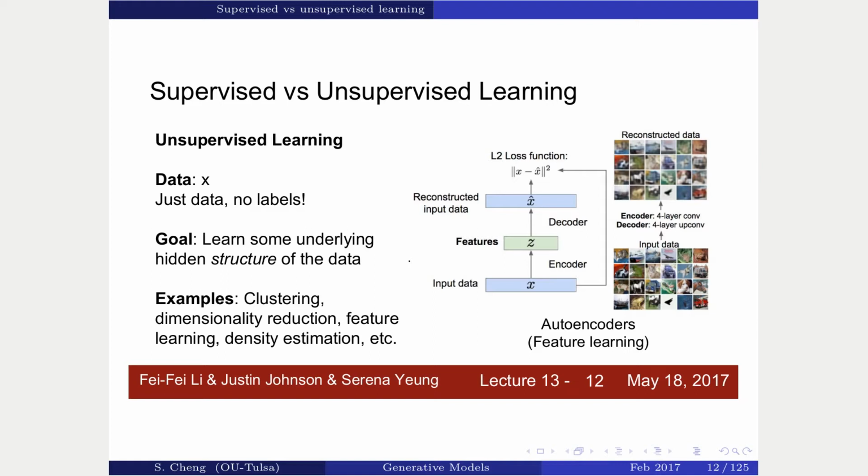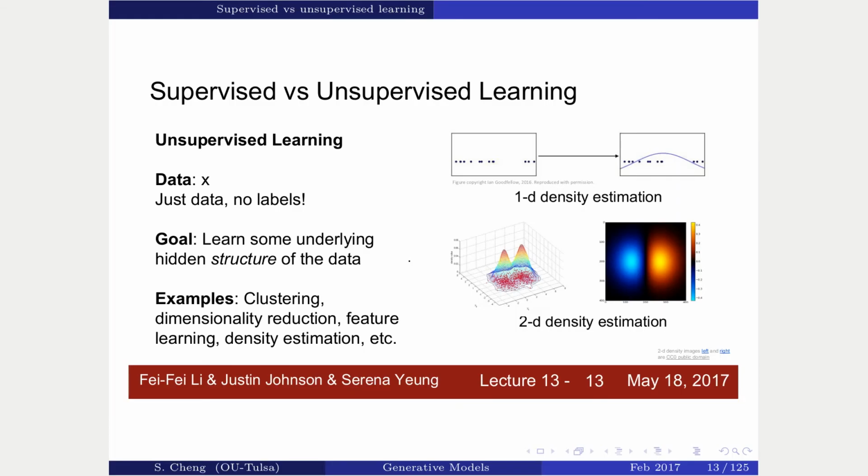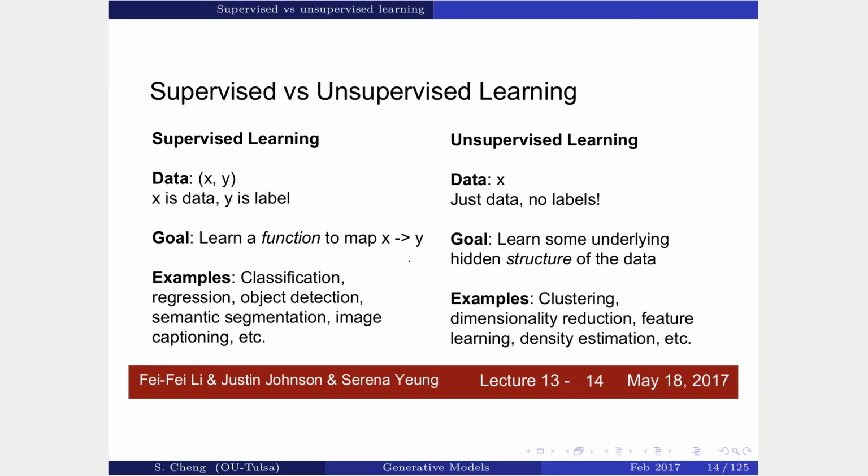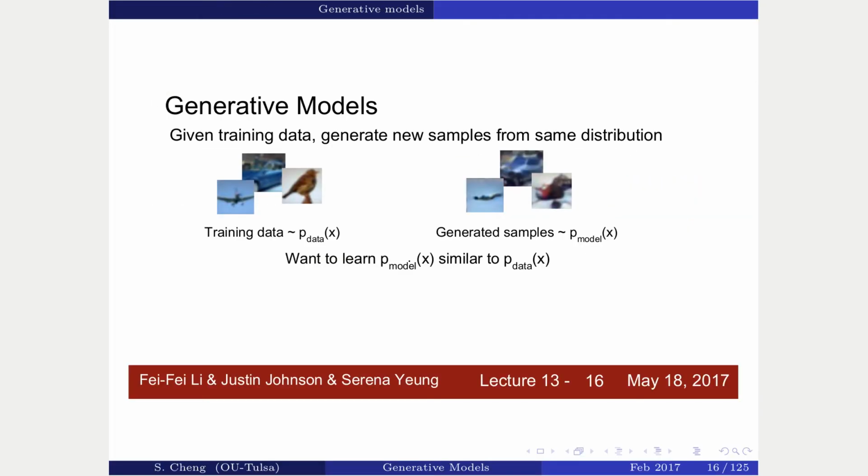But in this case, we're just trying to have the model learn the underlying structure. I did talk about that before, at the beginning I think, so I will just skip that.